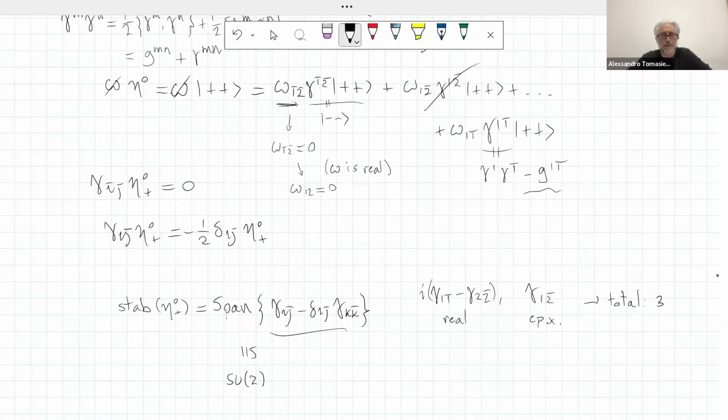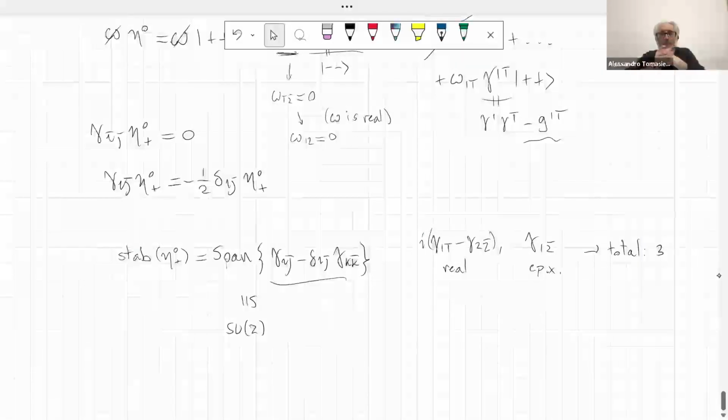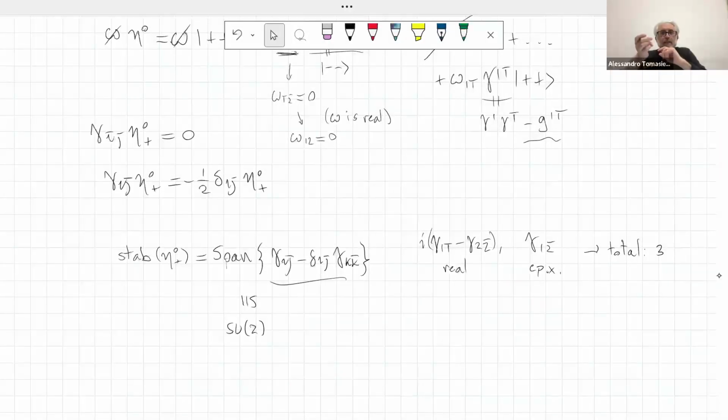And this conjugation takes a bar to a no bar. That has something to do with the fact that this infinitesimal rotation omega doesn't mix a complex coordinate with a non-complex coordinate. It is perhaps clearer if I write it as omega I j bar is 0.